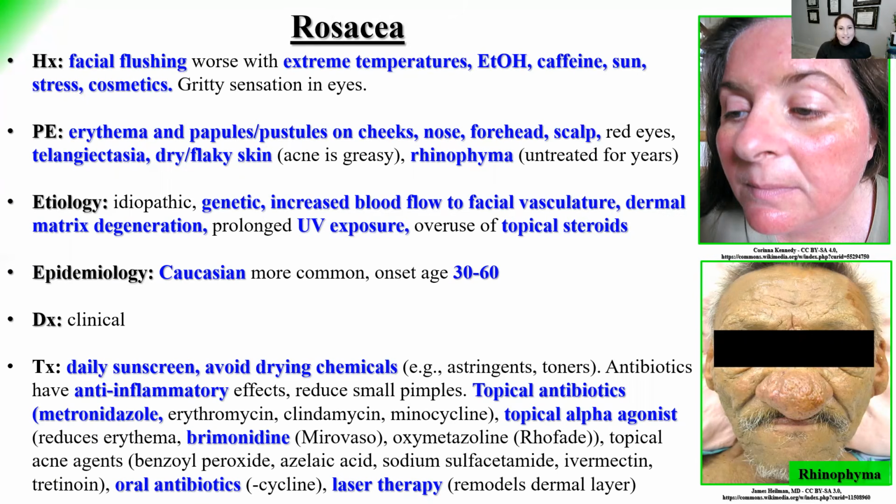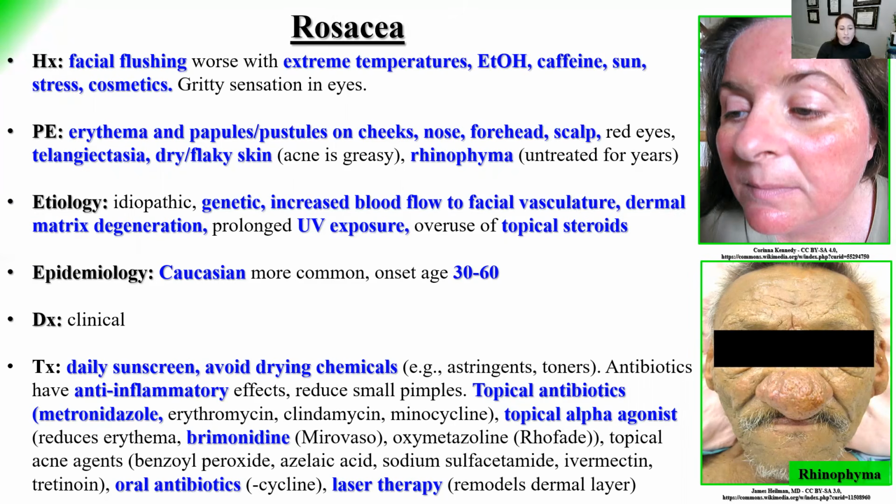Antibiotics actually have an anti-inflammatory effect for this disease, and it reduces some of those small pimples. So topicals that we could use are things like metronidazole, erythromycin, clindamycin, and minocycline. We can also use topical alpha agonists, and this helps to reduce some of the erythema. Mirvaso is a common one for that, or Rhofade.